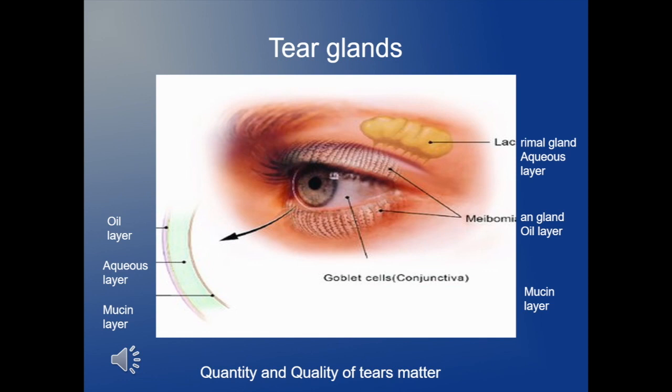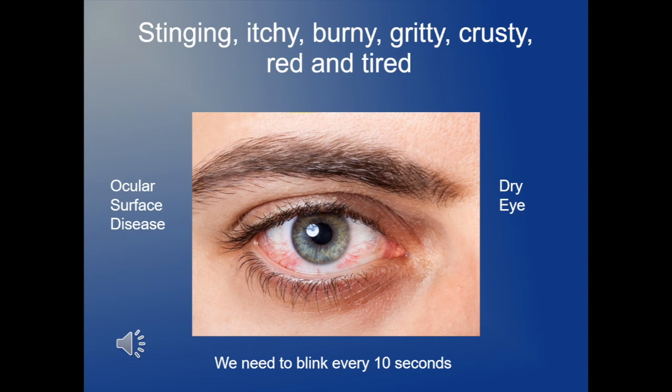But if our eyes don't provide the correct quantity or quality of tears in any of the 3 layers, or the glands don't do their contribution, then we develop symptoms of stinging, itchy, burny, gritty, red, crusty, tired, and even excessive watering and blinking. In general, we call this condition ocular surface disease or dry eye.